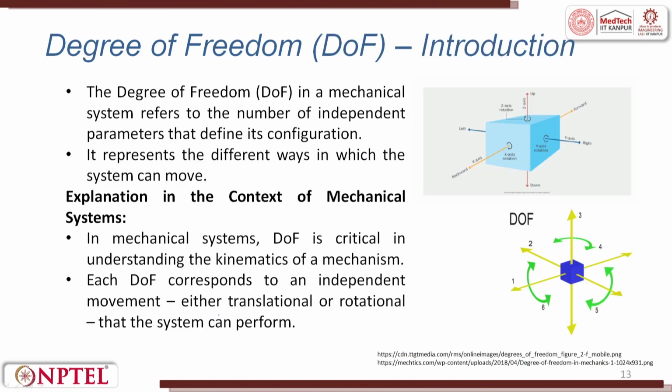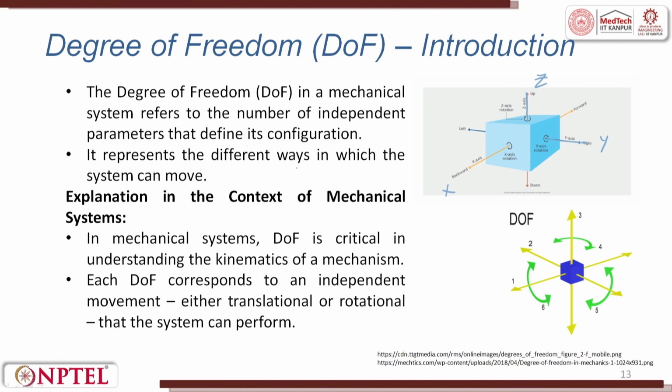Now, let us get into the discussion of degrees of freedom. Degrees of freedom in a mechanical engineering system refers to the number of independent parameters that define its configuration. As I told you, there are 6 degrees of freedom: you can take this as y direction, this as x direction, this as z direction, then rotation about x, rotation about y and rotation about z.